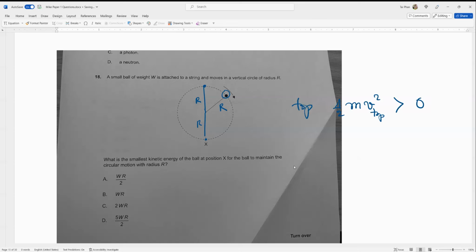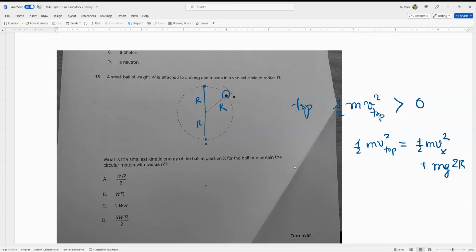And this kinetic energy at the top, 1/2 m v top squared, is equal to the 1/2 m v at the bottom at x squared, added with the potential energy mg times 2r height. Okay, mg times 2r.